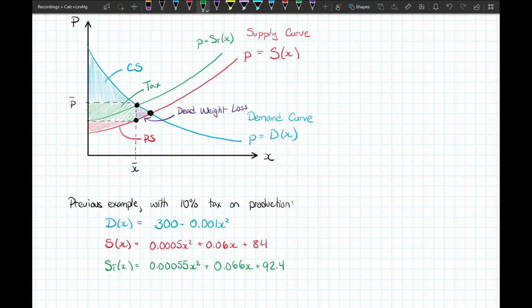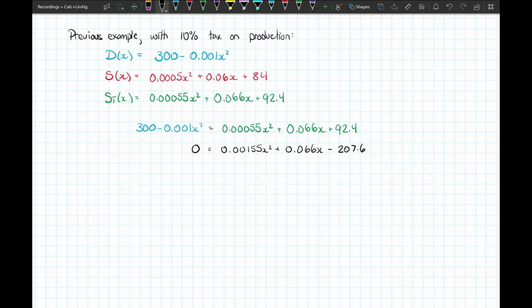And now we're going to have to take a look at a brand new equilibrium quantity. We'll have to do that by setting our demand function equal to the supply curve plus tax. Solving the resulting equation, unfortunately, doesn't give quite as nice of a value this time. But we should be finding that the equilibrium quantity has decreased since prices have gone up.